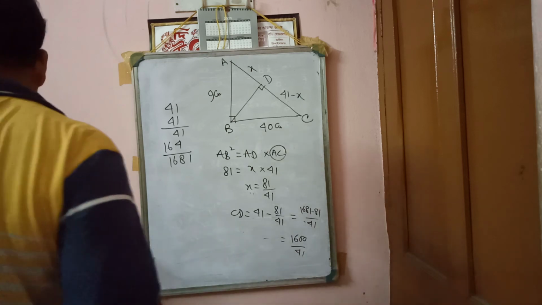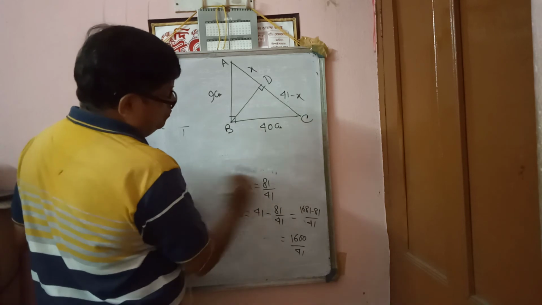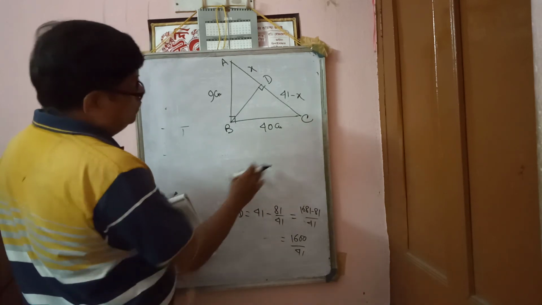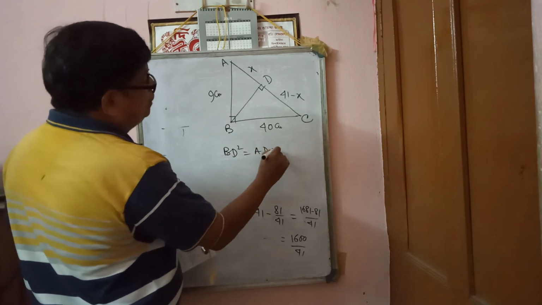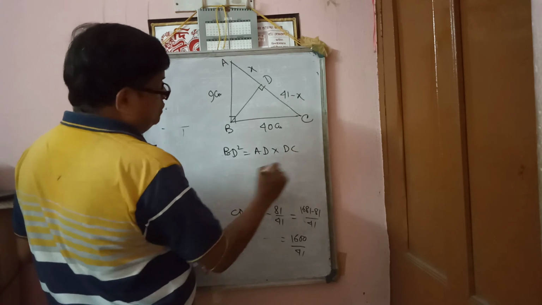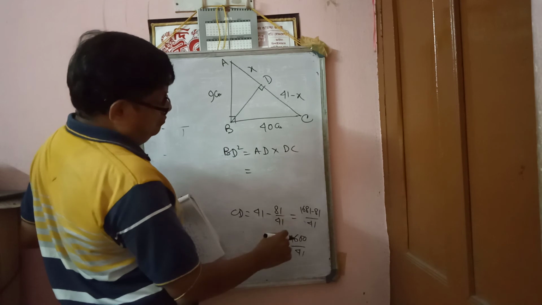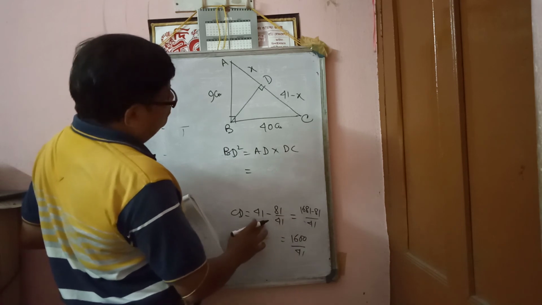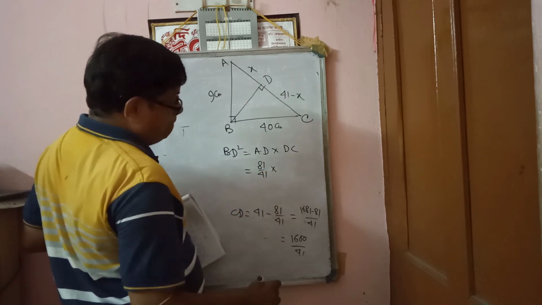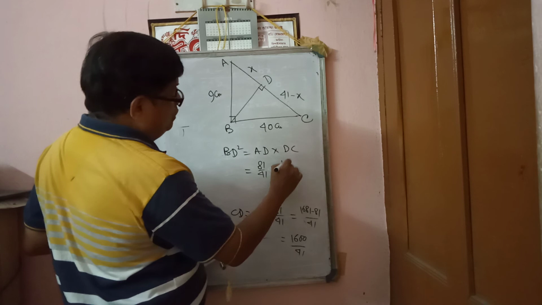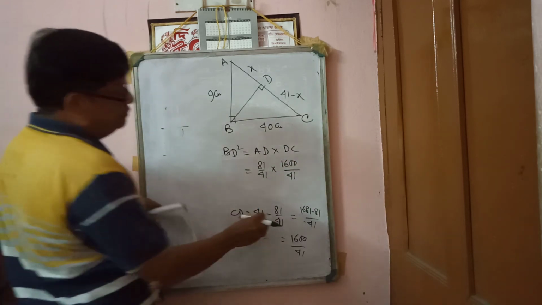Now write, BD square equals AD into DC. So AD equals 81 by 41, into CD, 1600 by 41.